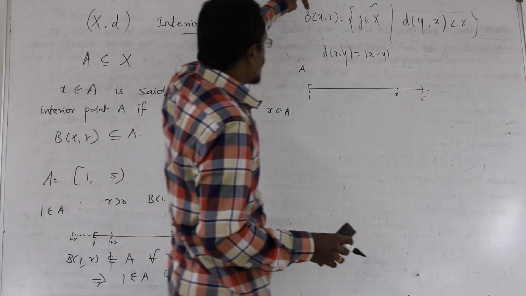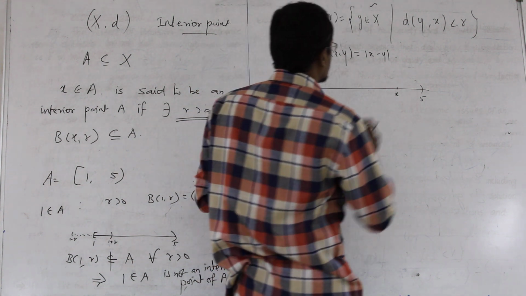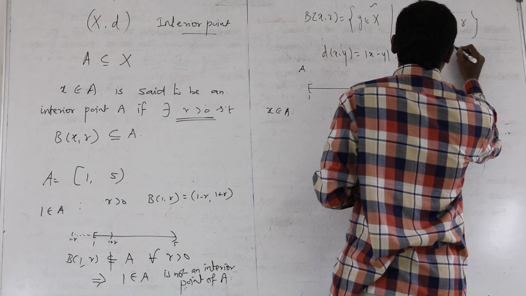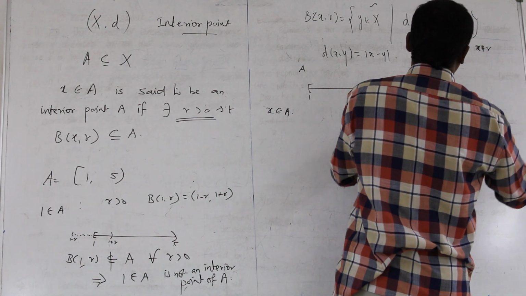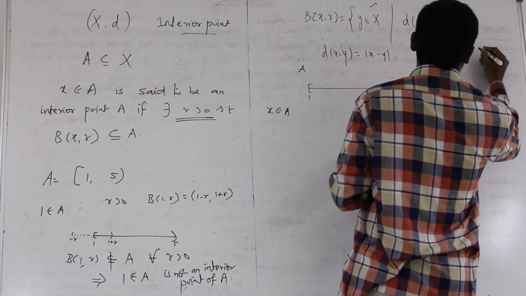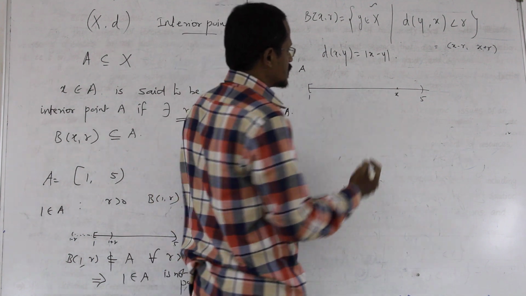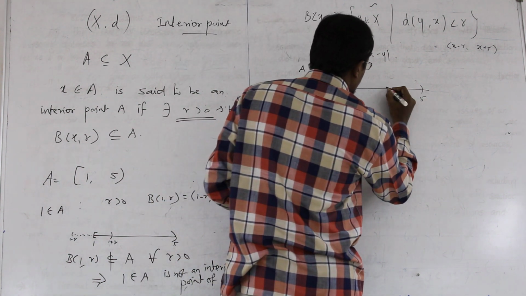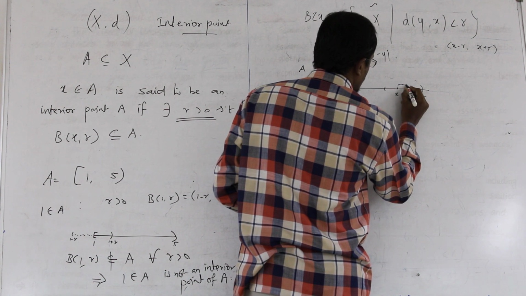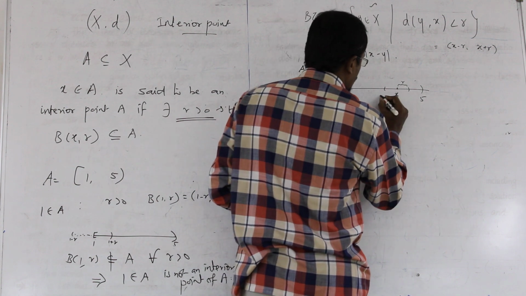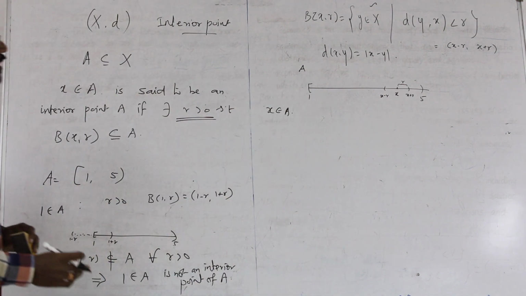Because in R with the usual metric, the ball with center x and radius r is actually x minus r to x plus r, a symmetric interval around x. Given a point x in A, if you look at this picture, anybody can answer this question. If you choose this length as r, then x minus r to x plus r is completely contained in the set A.